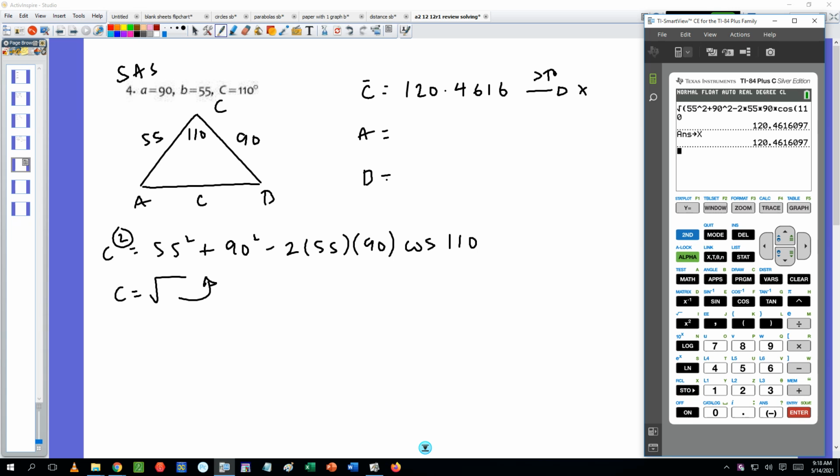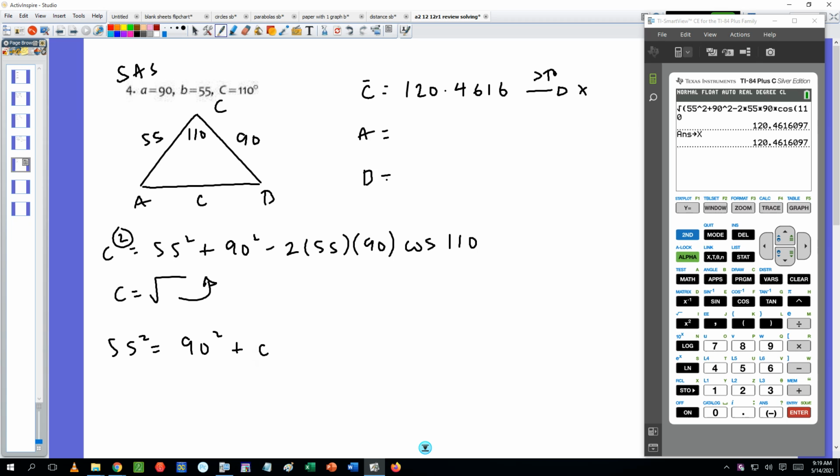All right, now to find the angle, since 55 is smaller than 90, I'm going to find angle B first. Here is my 55 equation. 55 squared is equal to the other two sides squared. Now to make that cleaner, I'm not going to type out 120.4616 squared. That is my C, so I'm going to put down C squared here.